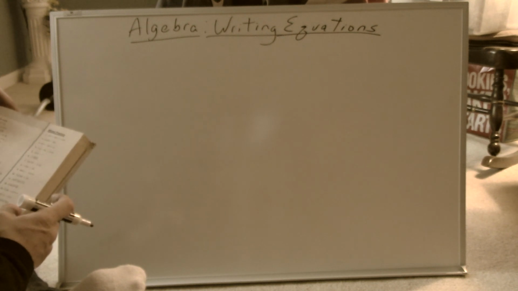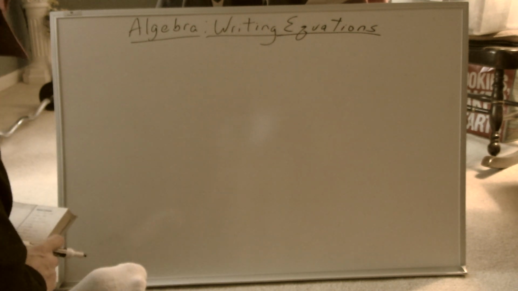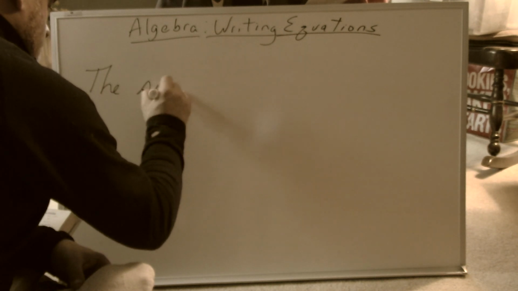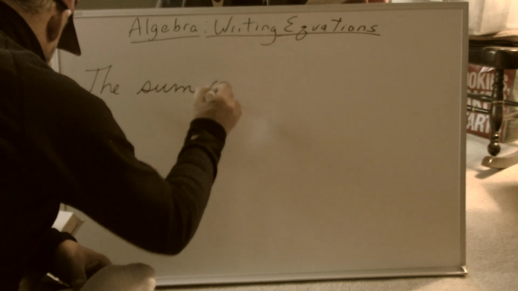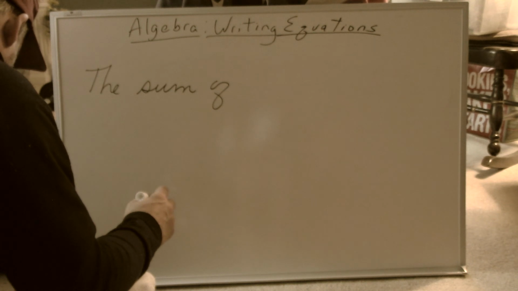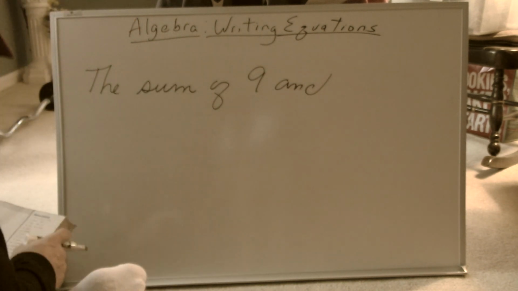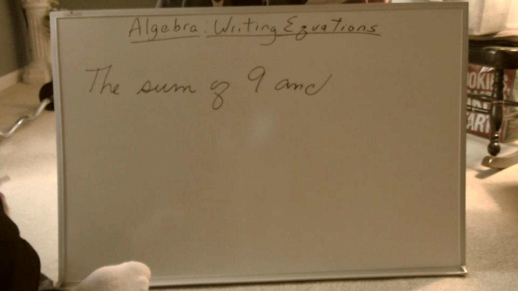Next one. The sum of 9 and a number is 32.